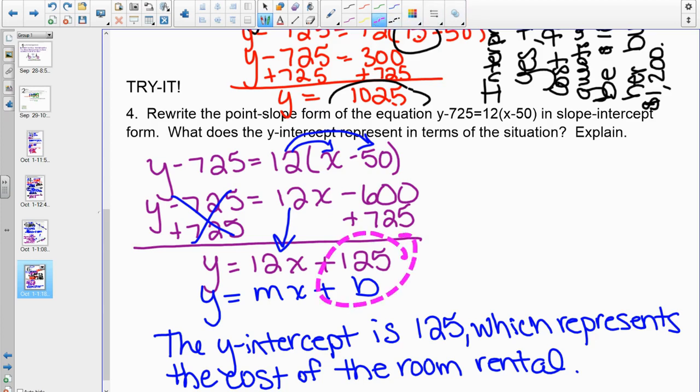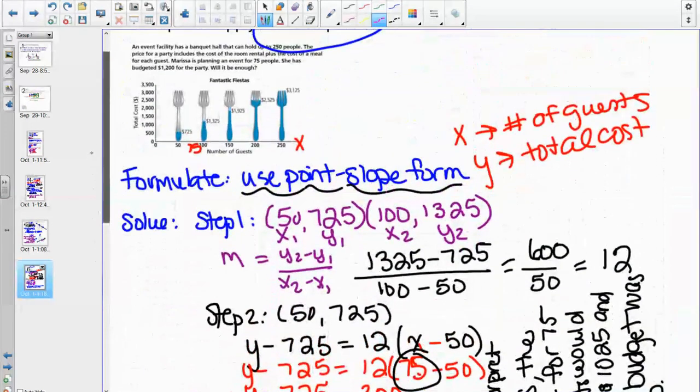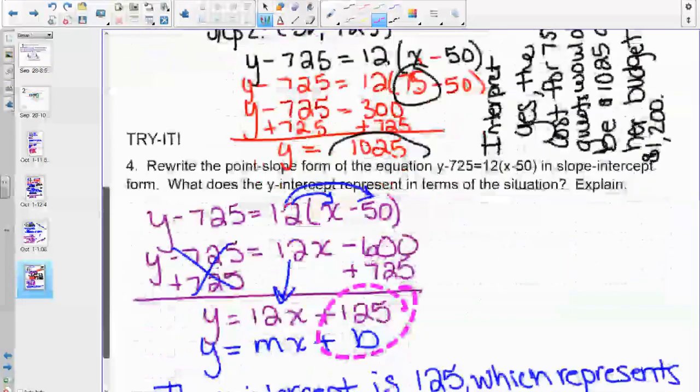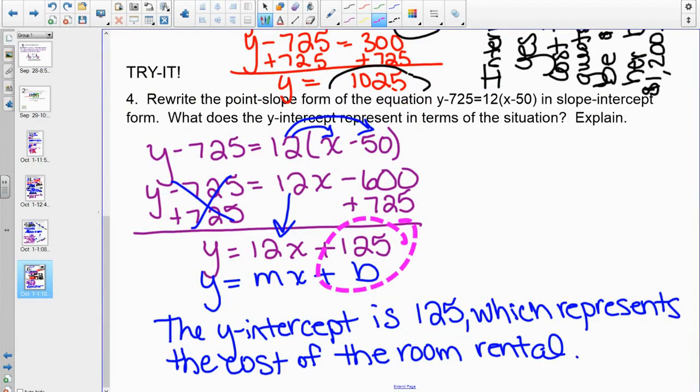It's 125. If they were to graph this into a line, it doesn't cross the y-axis at 0, so the question is, where does it cross? Well, now we know the answer. It crosses at 125. What does that represent? And down here I said it represents the cost of the room rental.